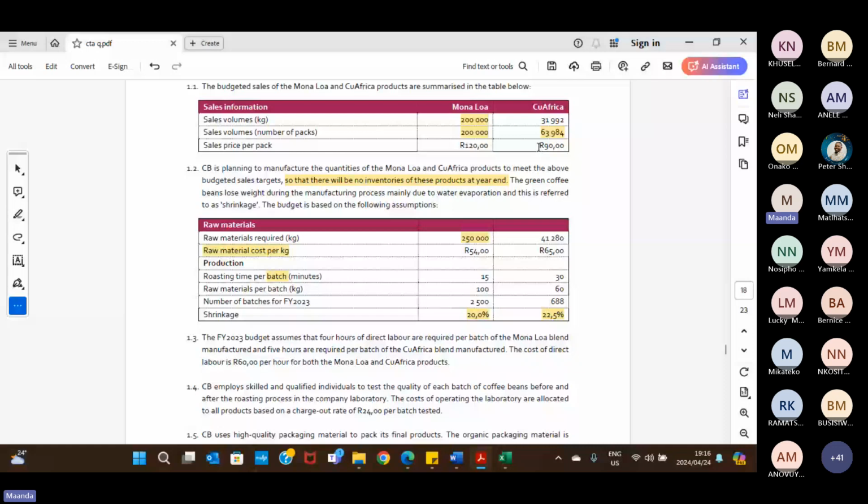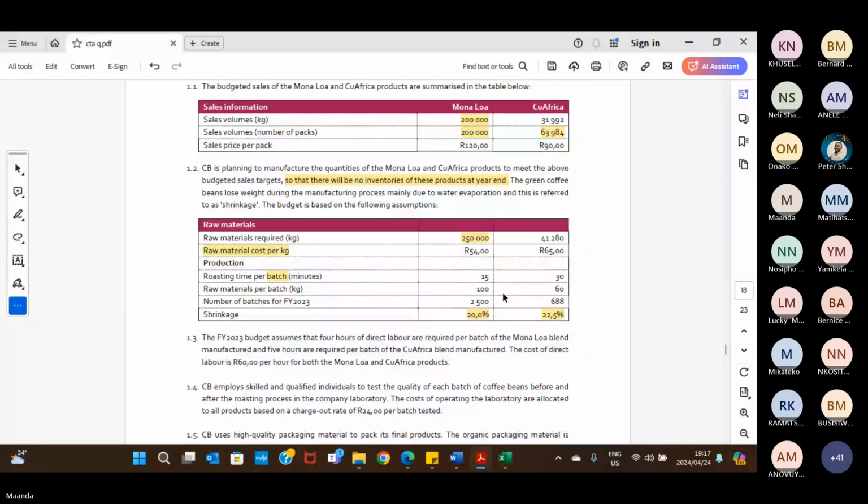So I know that my raw material per batch is 100. So for one batch, I will need 100 kg of materials. Then for C, I'll need 60 materials per batch. And it means that in 15 minutes I do one batch, which will require 100 materials in terms of kg.